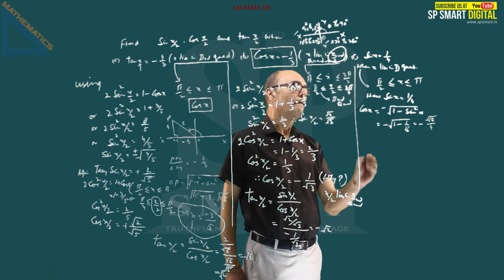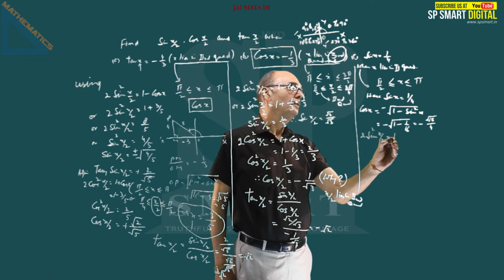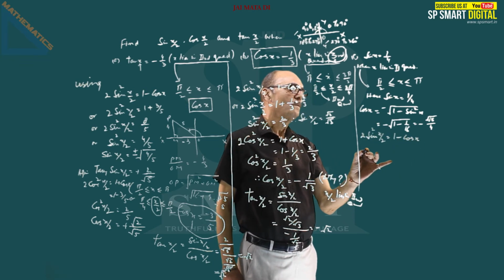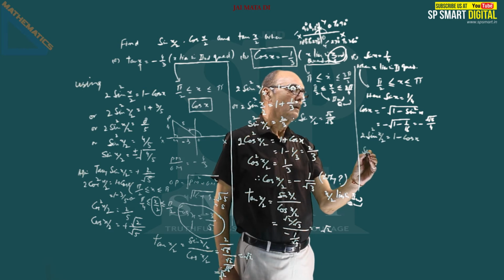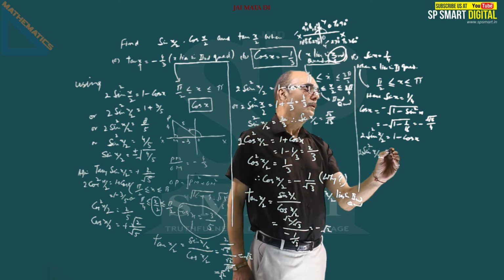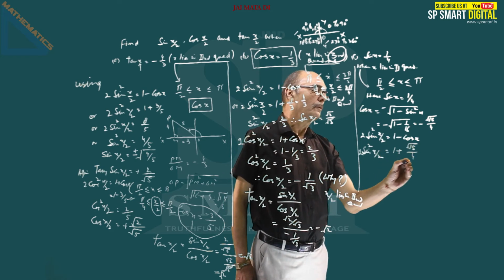So, we want to find sin square x by 2, use 1 minus cos of x. Twice of sin square x by 2 equals 1 plus under root 15 by 4.